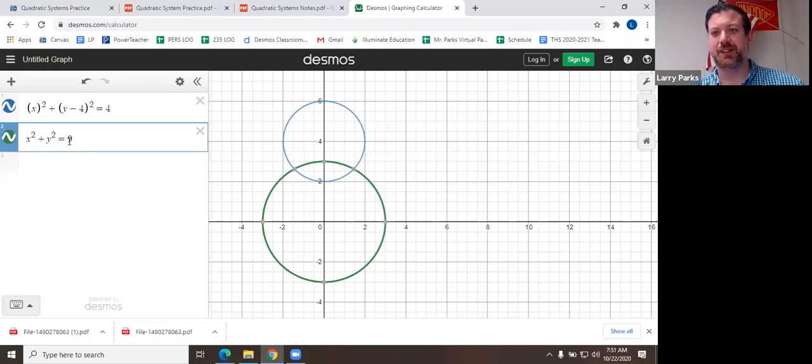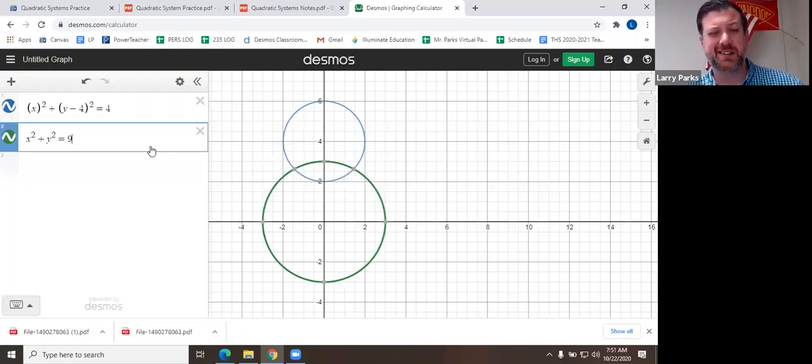How many solutions? Well, 1, 2. What are those solutions? You can see for yourself, 1.4-ish, comma, you have to put the x and the y. (1.452, 2.625). Over here, (negative 1.452, 2.625).